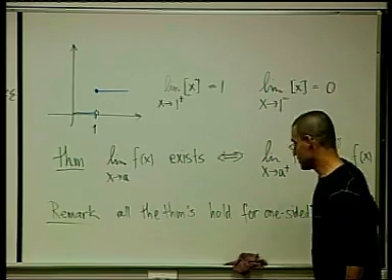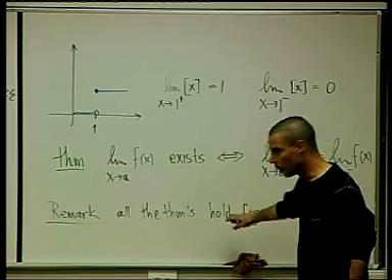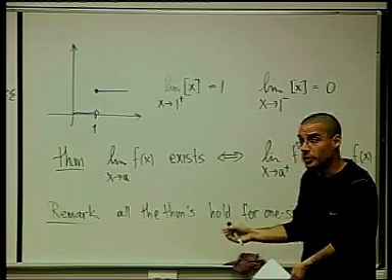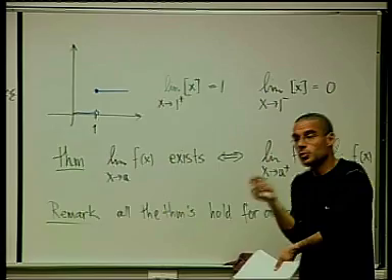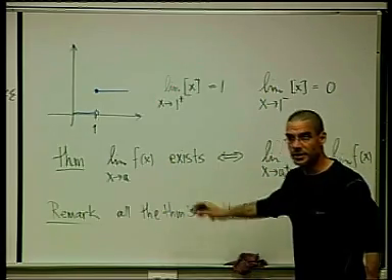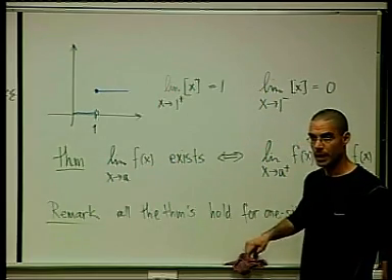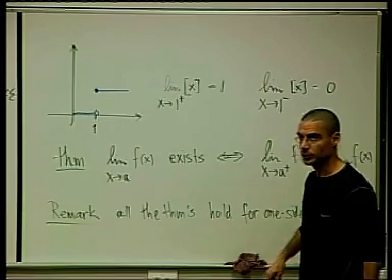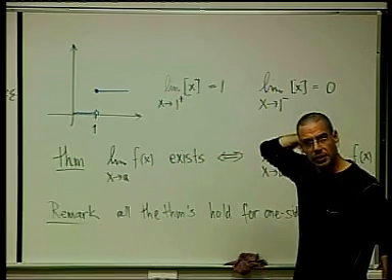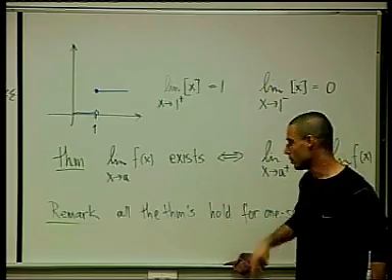What do I mean by this remark? Arithmetics of limits holds. You have to phrase it correctly, okay? Everything has to be phrased with x approaches a plus. Bounded times a function that goes to 0 holds. Sandwich theorem holds. All the little theorems that we had last time, if f goes to 0, then f in absolute value goes to 0, holds.